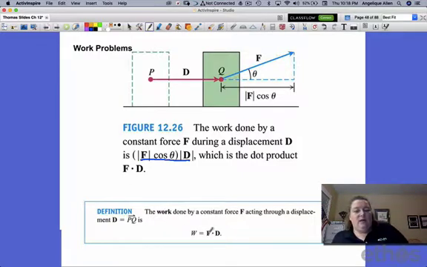So force is in pounds if you're in the British system, or newtons if you're in the metric system. D is distance in whatever units you want to give. In the British system, the unit of work is called foot-pounds, which is just a horrible unit to deal with.